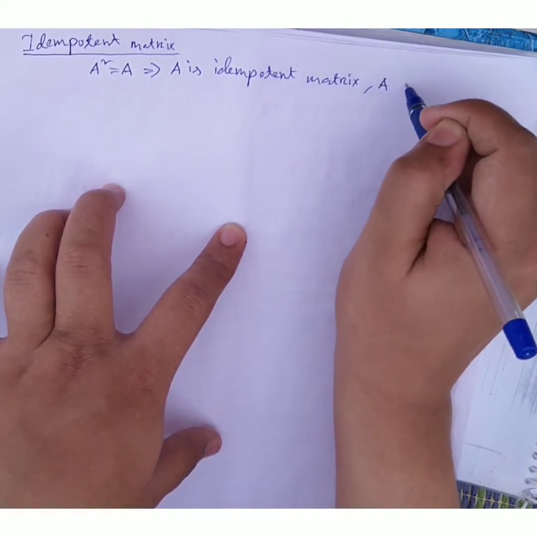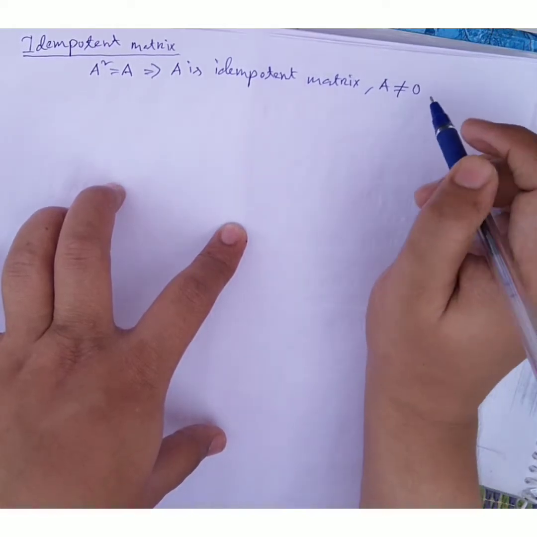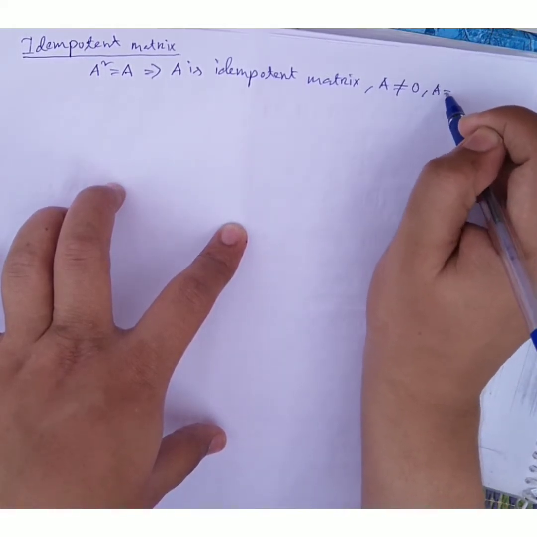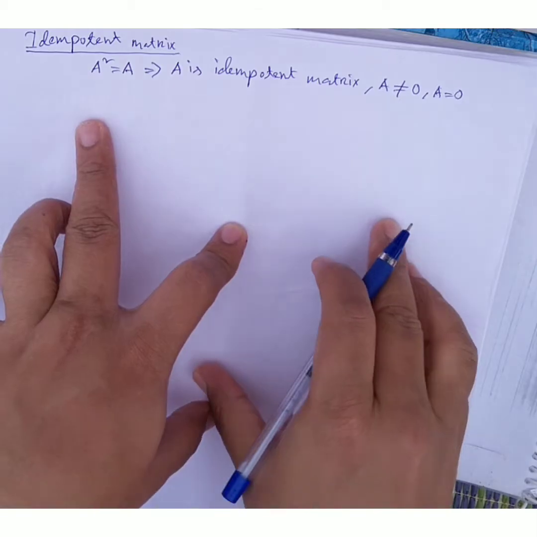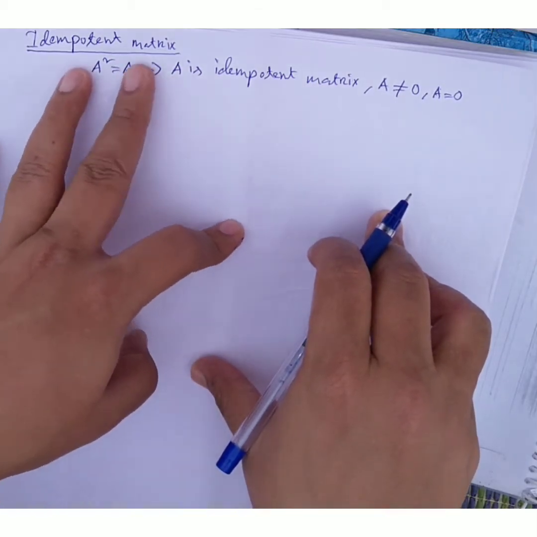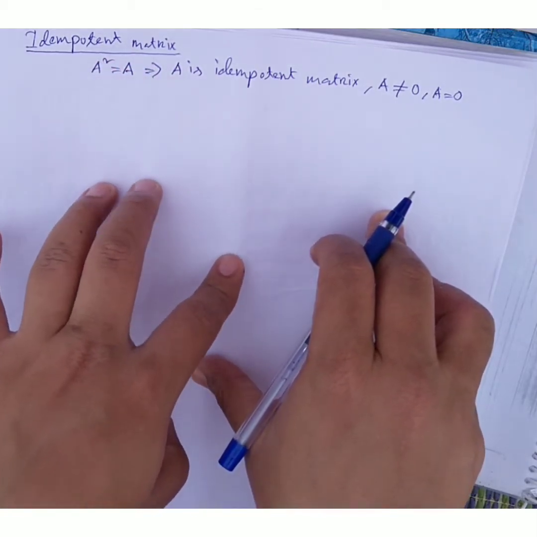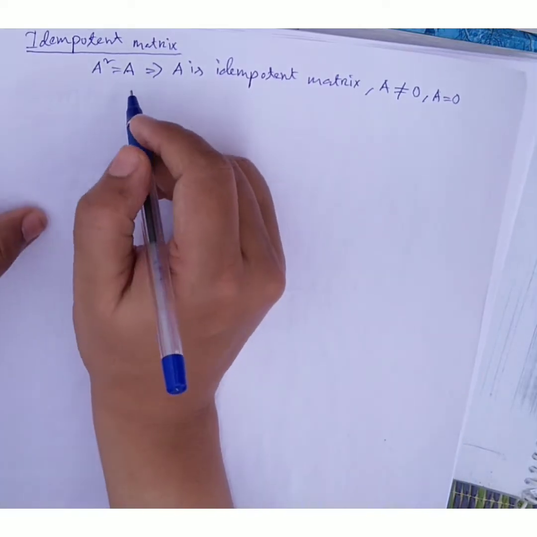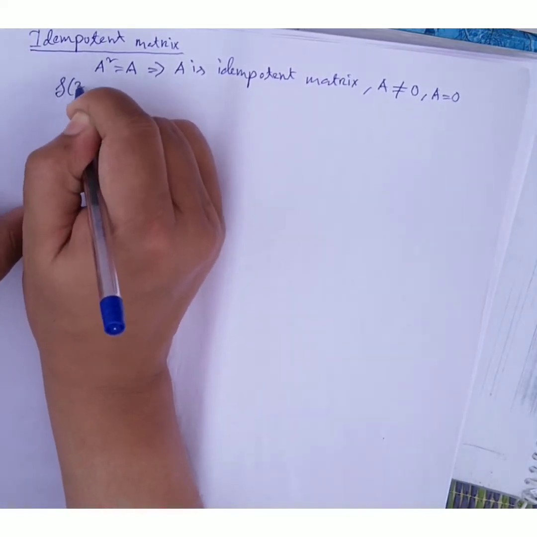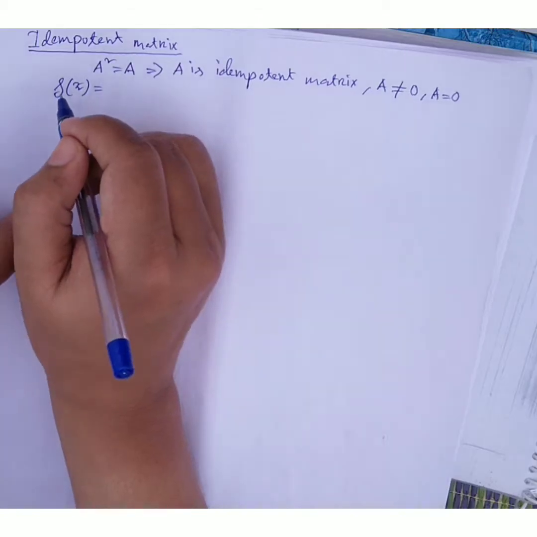A does not equal 0, or A may be 0. The 0 matrix is also an idempotent matrix, because it also follows this property.